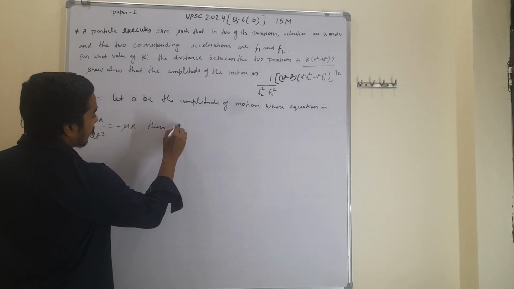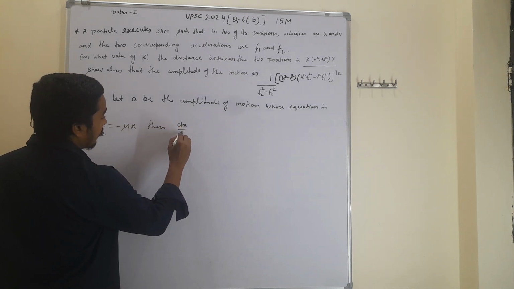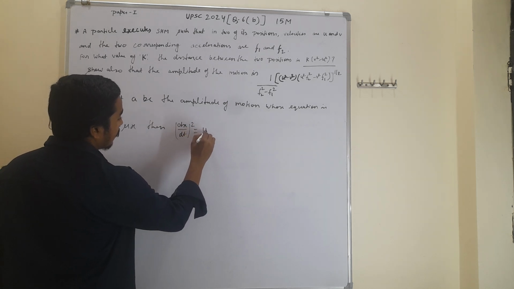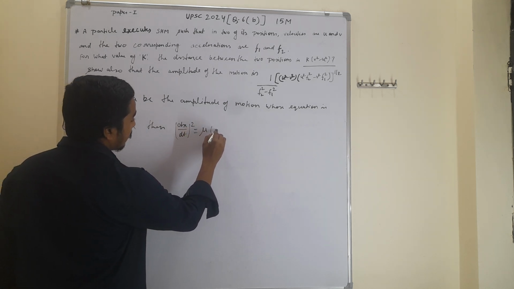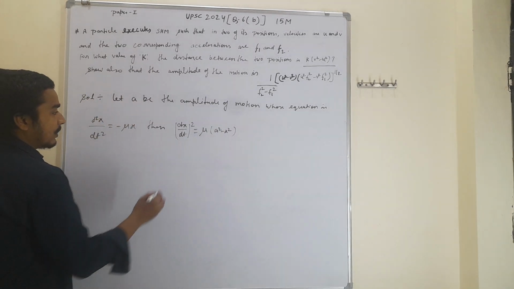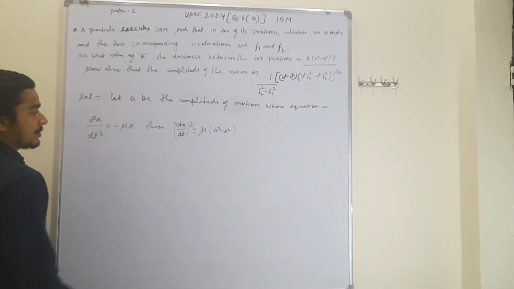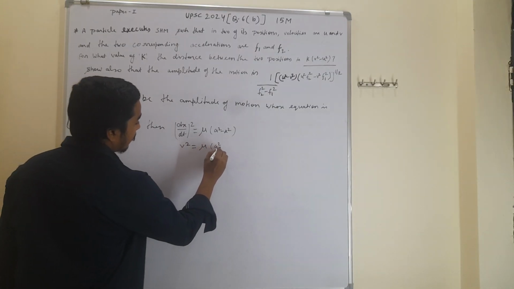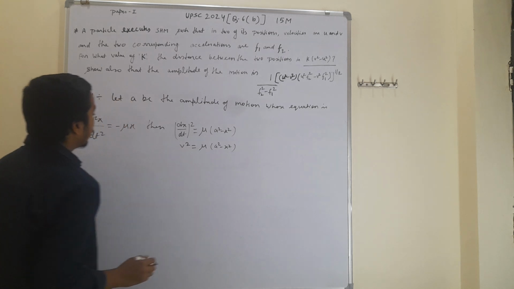Then (dx upon dt) whole square is equal to mu (a square minus x square), and from here dx by dt is the velocity, so v square is equal to mu (a square minus x square).